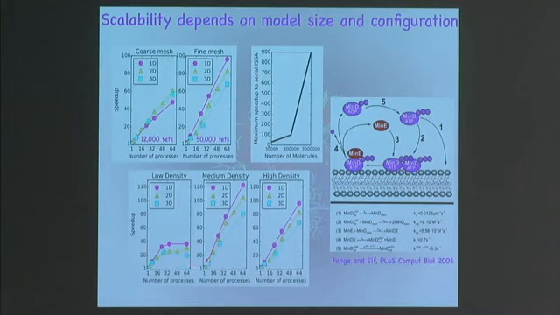And you see that there is a sweet spot for this medium density model. So medium density of molecules, while for lower densities, you only get the speedup up to a lower number of processes. And for the high densities, the speedup is not as large as for the medium density.